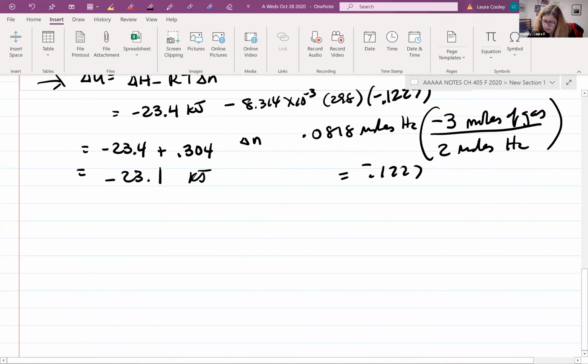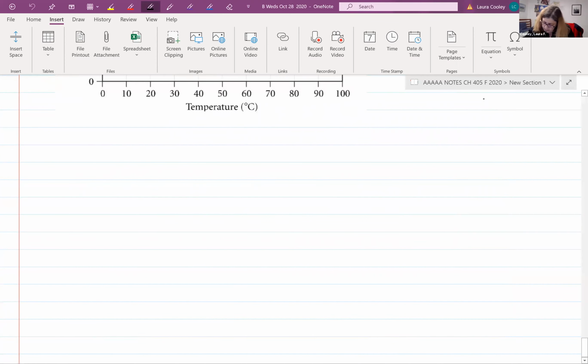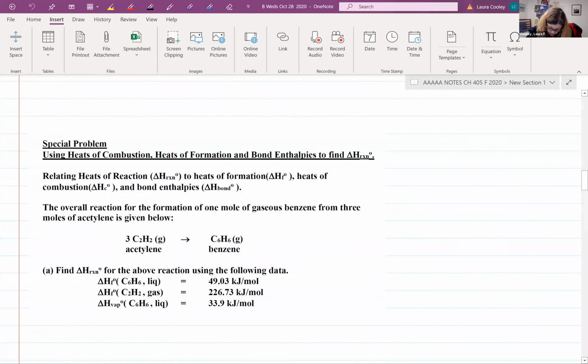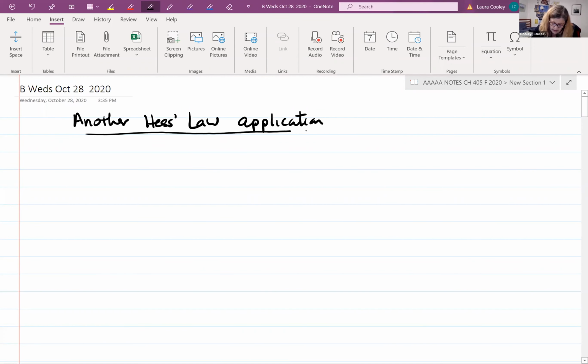All right, so I'm going to move on to the next thing that I'm going to talk about today, and that is another application. Today we're supposed to finish thermochemistry, hopefully. Another Hess's law application, and it's used fairly frequently, especially for hydrocarbon reactions.